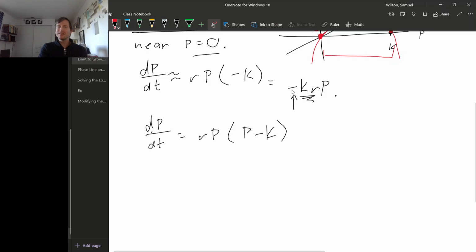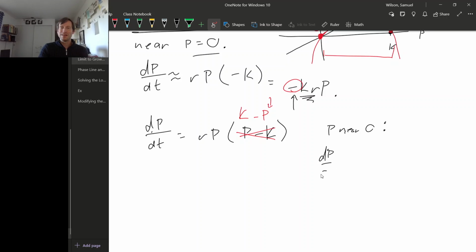Well, this minus sign is actually easy to fix. All we need to do is turn this around, which is essentially multiplying this right-hand side by minus 1. So now if we plug in p equals 0 right here, we get r times p times positive k. So now when p is near 0, we get dp/dt equals rkp, and that's bigger than 0.